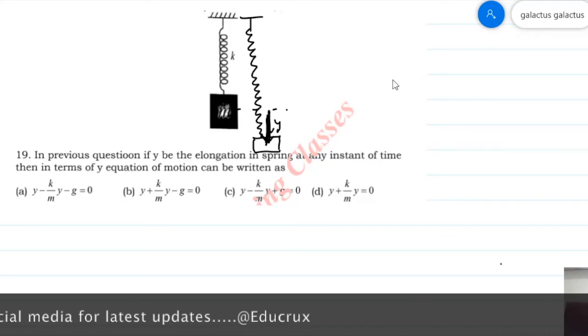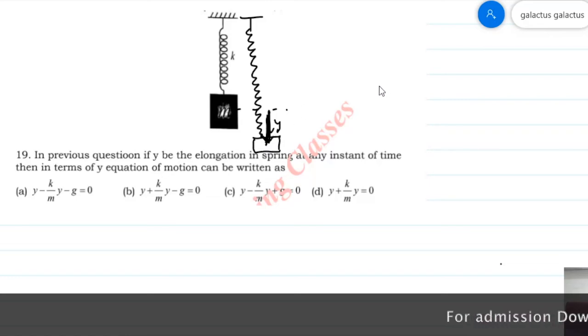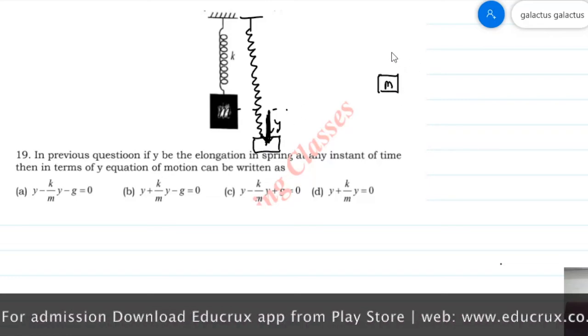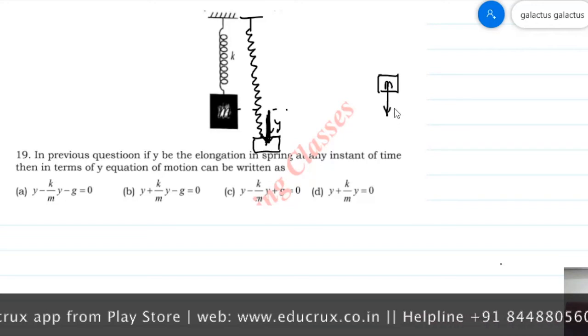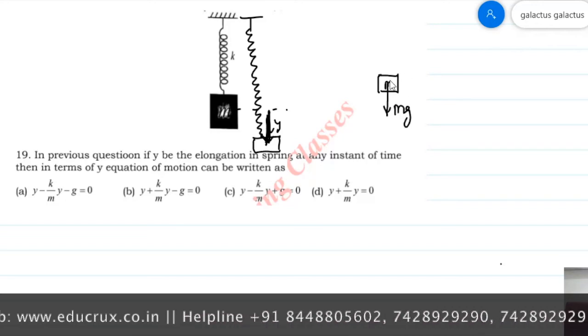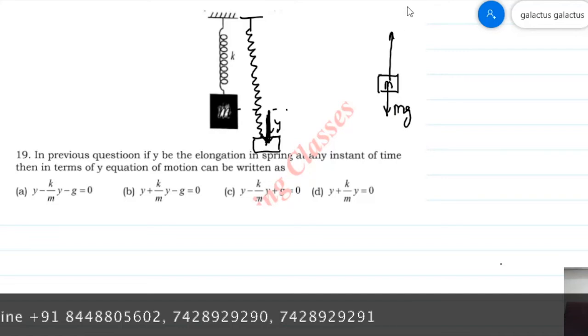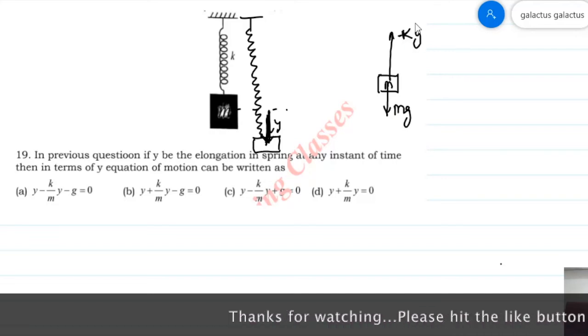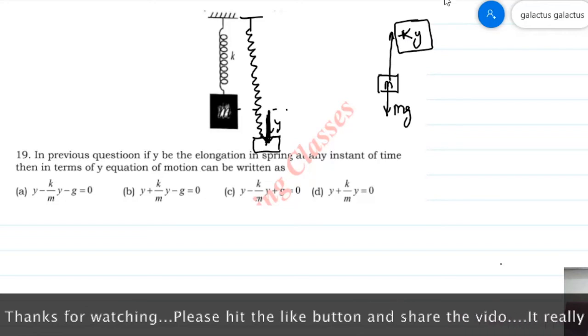So let us say when the string is extended to a vertical distance y, at that instant the block experiences a force mg and a force minus ky on the upward side.